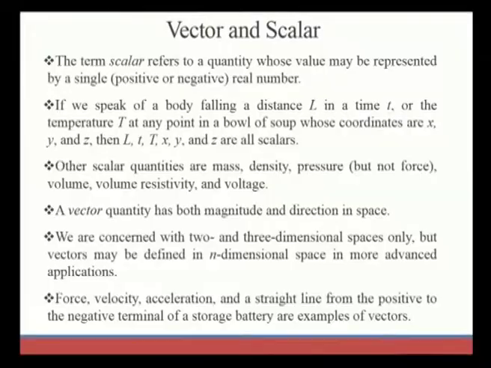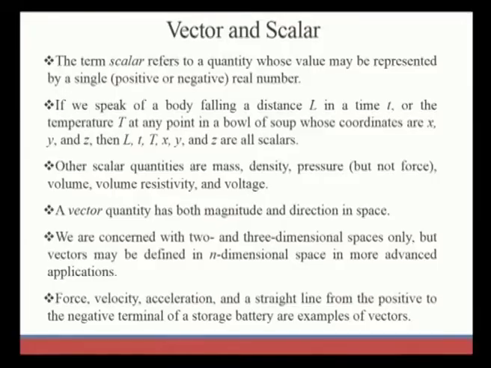So, vector and scalar. The term scalar refers to a quantity whose value may be represented by a single real number, or also I can say a scalar is a quantity which has only magnitude. Those kinds of quantities we call scalar quantities.